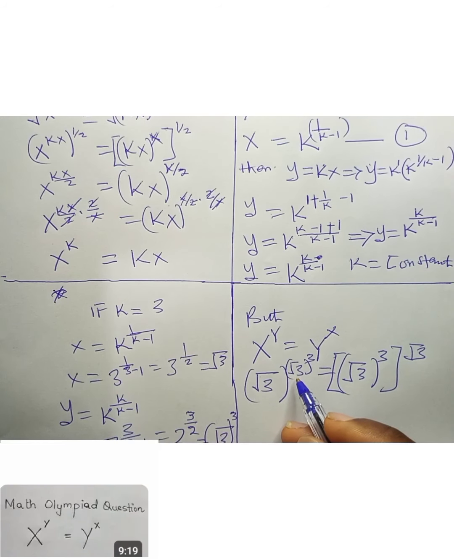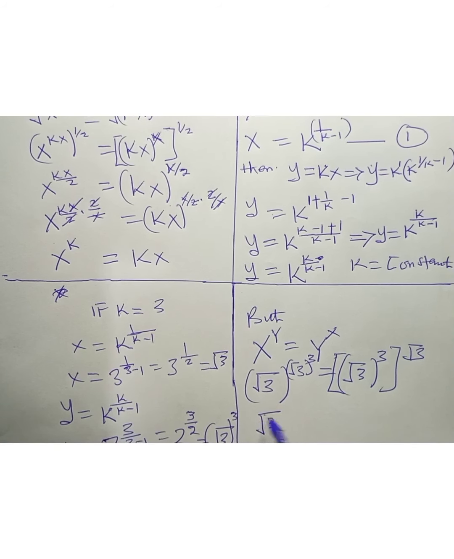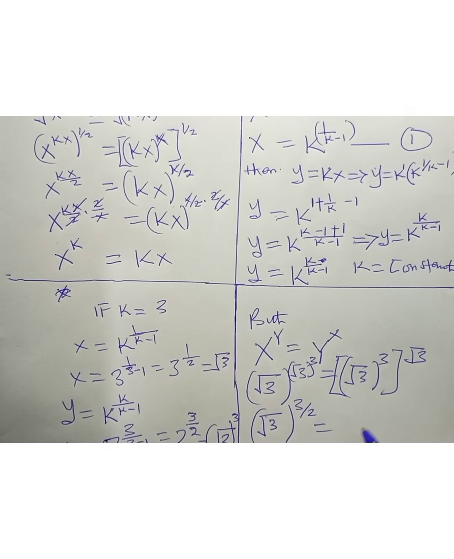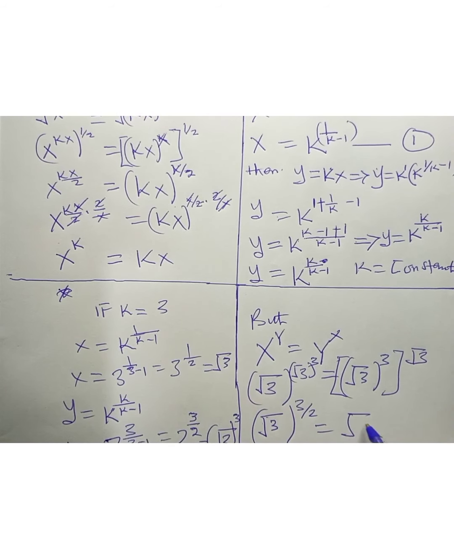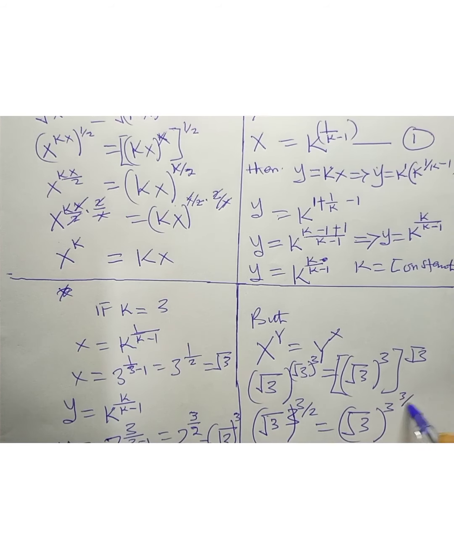We can also rewrite this. After rearranging, we're going to have the cube root of 3 raised to power 3 over 2 equals the cube root of 3 raised to power 3, raised to power 3 over 2.